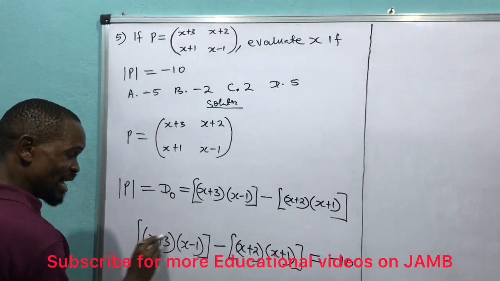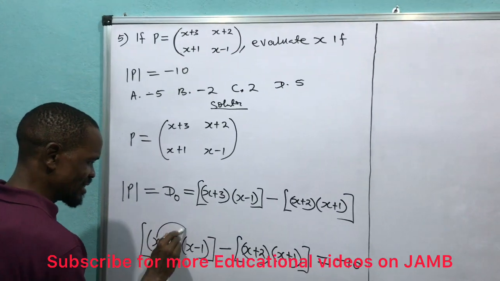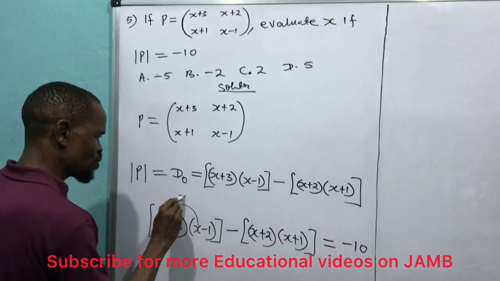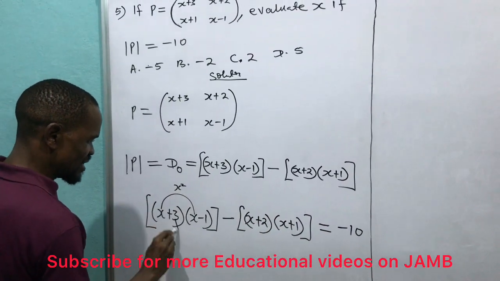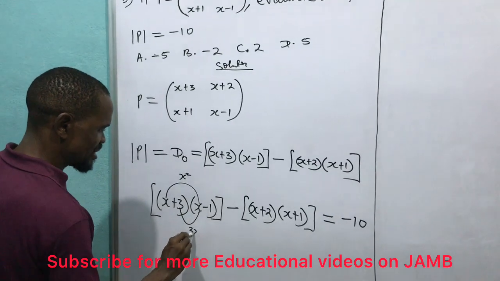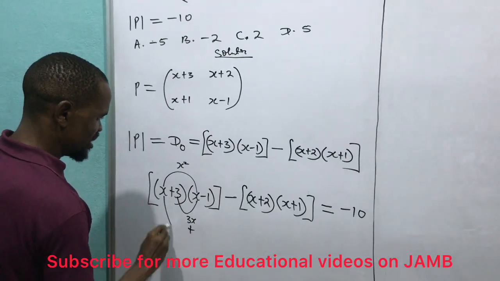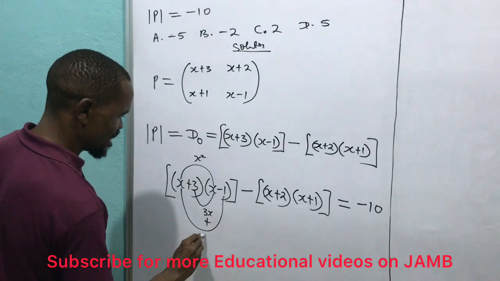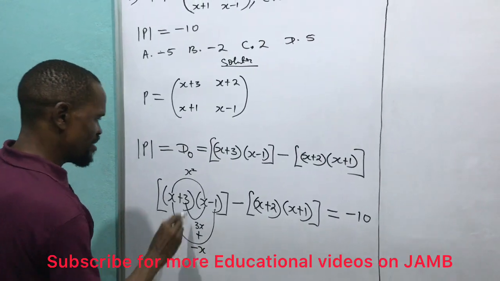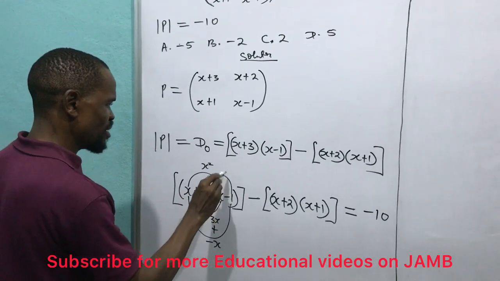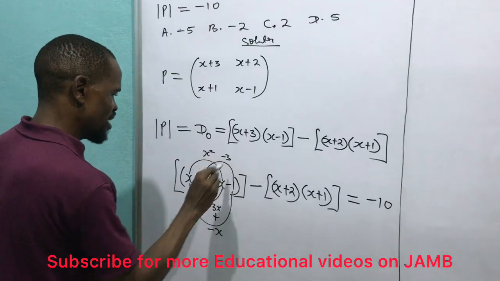Then I can expand this. This times this gives me x squared, and this times this gives me 3x, plus this times this gives me minus x. Finally, this times this gives me minus 3.